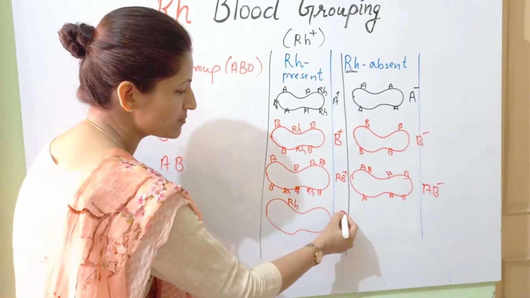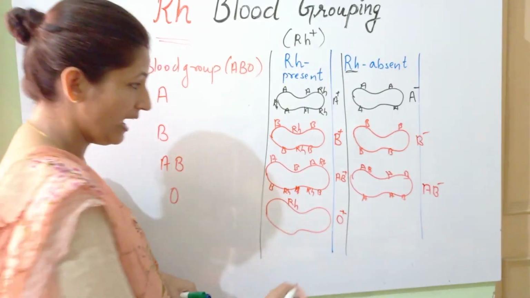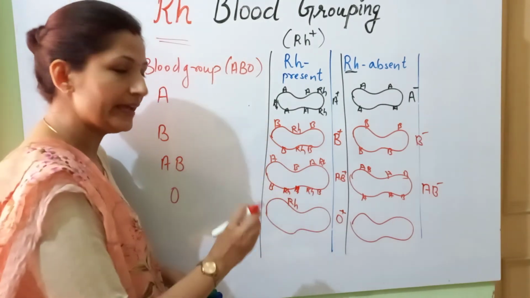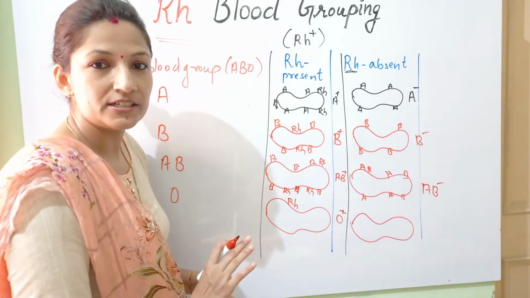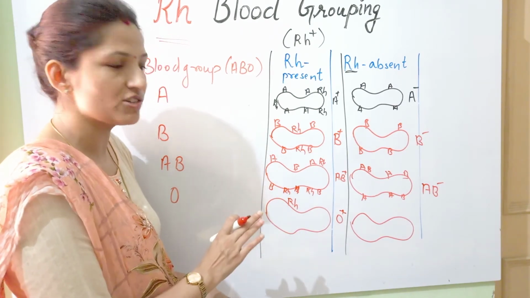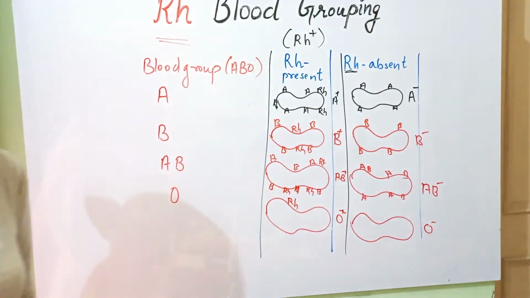Over here, this blood group is O positive. Fine. And in the case of no A antigen, no B antigen, no Rh antigen, out of these three there is no antigen present over it, then it is O negative.